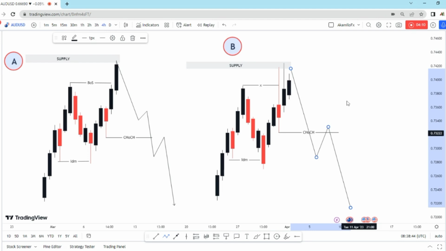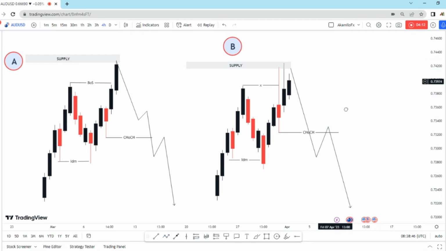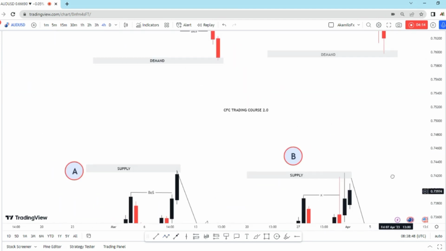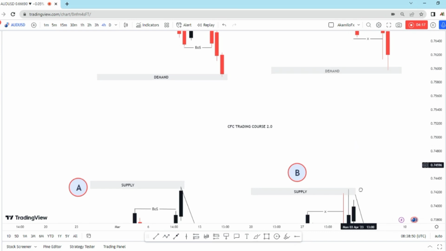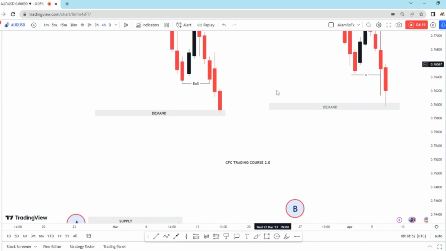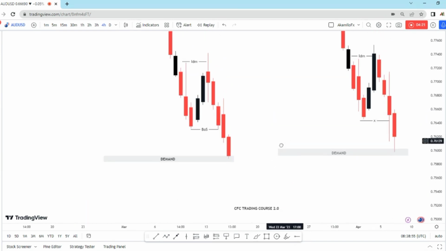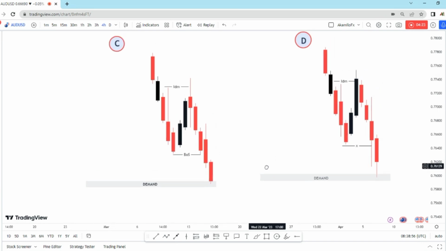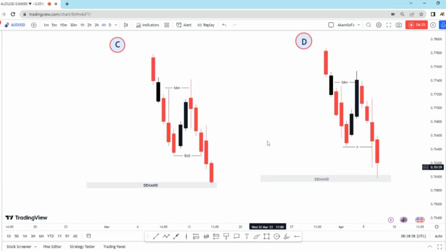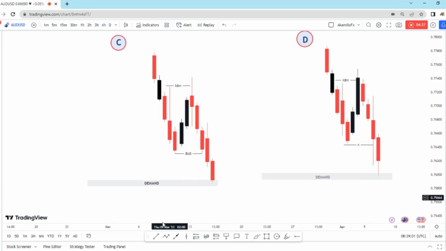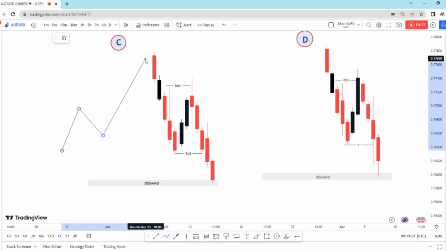Now let's see a downtrend as well. In a downtrend, if price taps into a demand zone, that is our diagram C and D. Looking at this, price has moved bearish. Price moved from this sector, and this was our demand level.